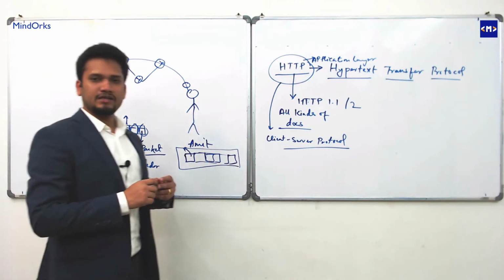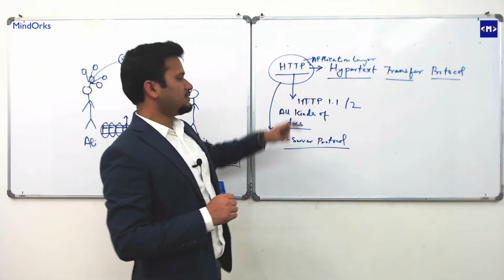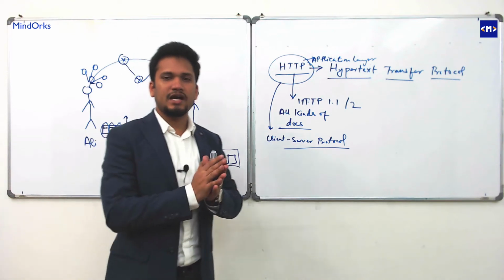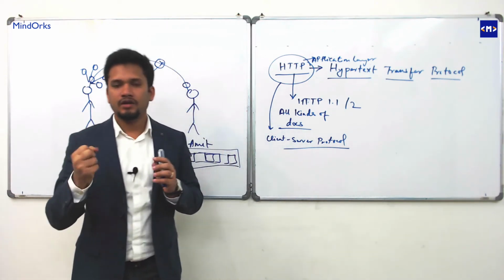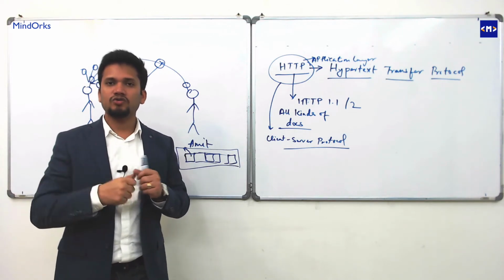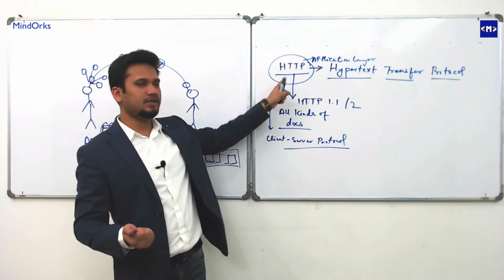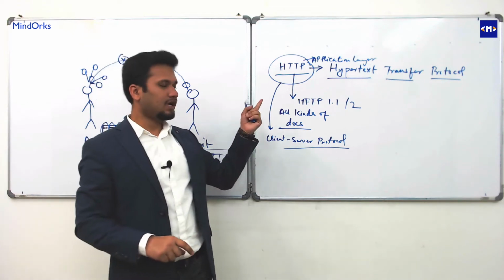So when we are making a request, HTTP is stateless. It means that when you connect to a server, you make a connection. How to make a connection is defined by HTTP. We will discuss that just now after this.